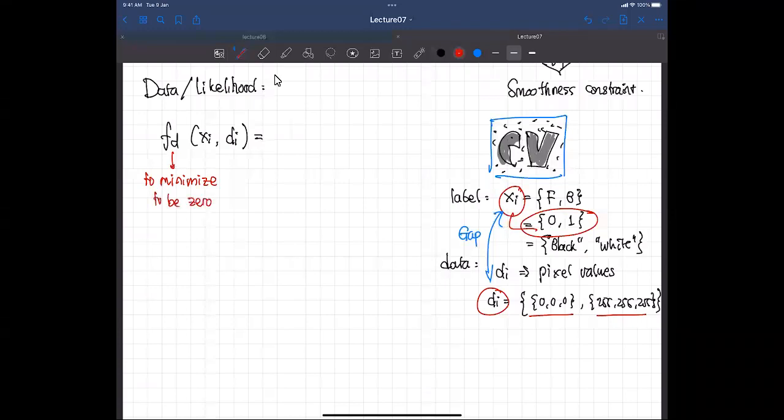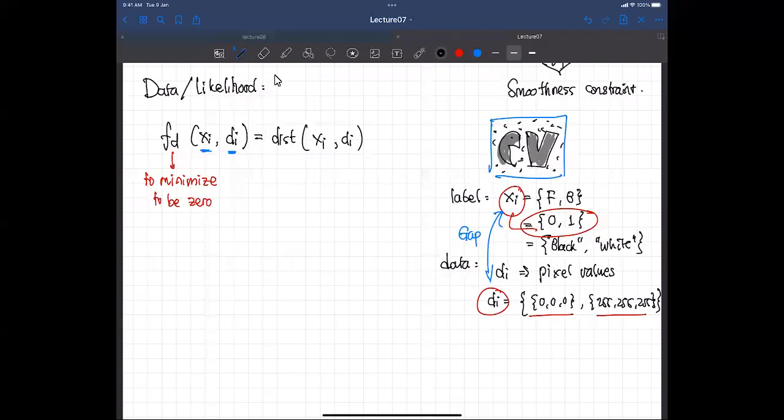Okay. So we want to know the correlation between xi and di. So we need to have a distance function between xi and di. But we know that di and xi have some gap.